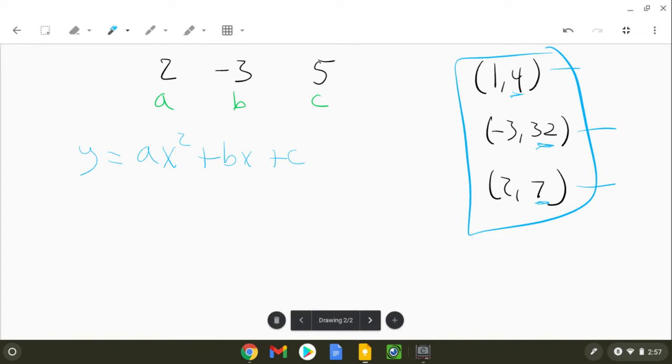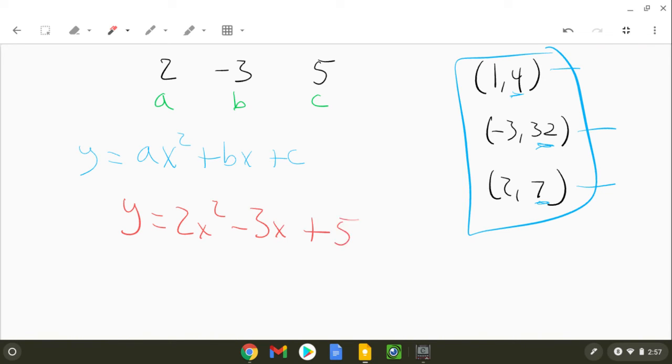So if I substitute in my values that I just found, y equals 2x squared minus 3x plus 5. This quadratic passes through all 3 of these points.